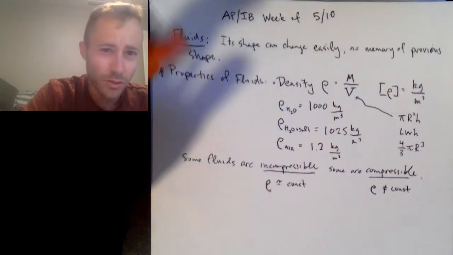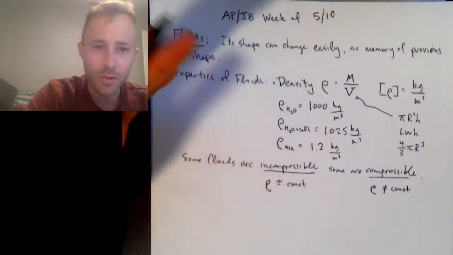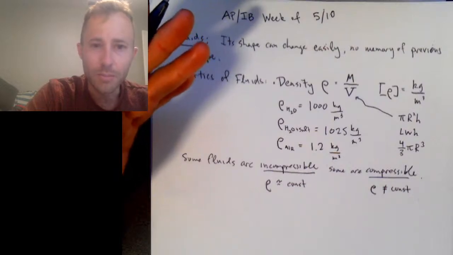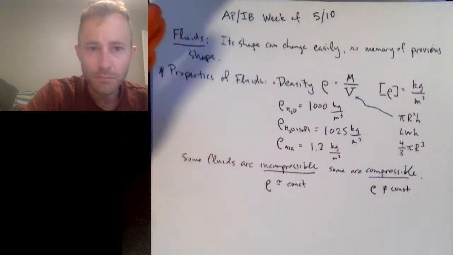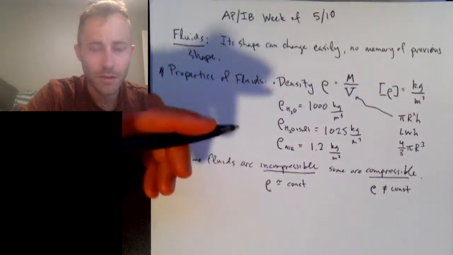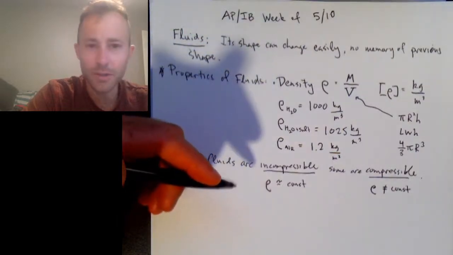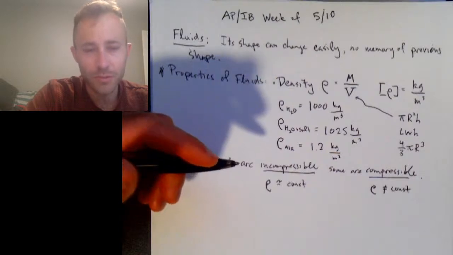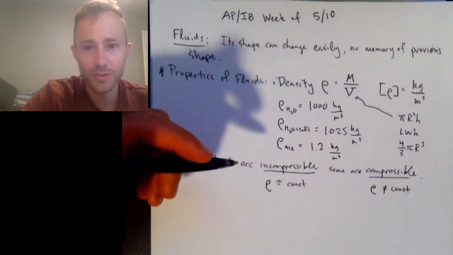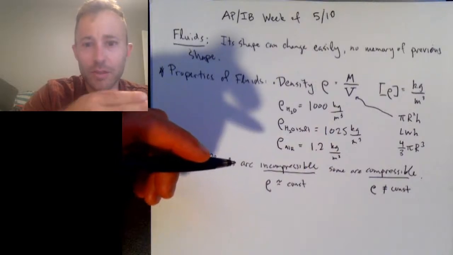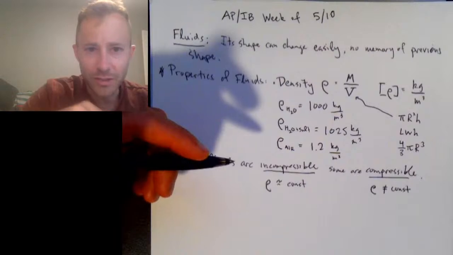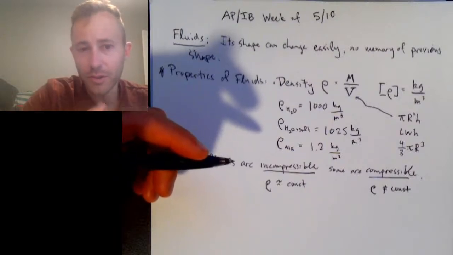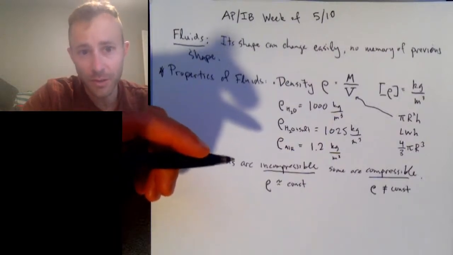Really, whether you consider something compressible or incompressible depends on your level of analysis. A lot of times, for all intents and purposes, the density can be considered constant. That means that the change in density in the particular situation is so small that it is not significant.